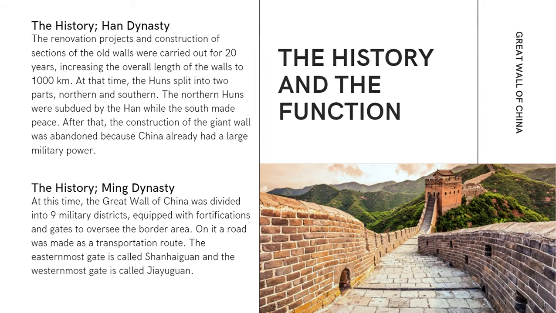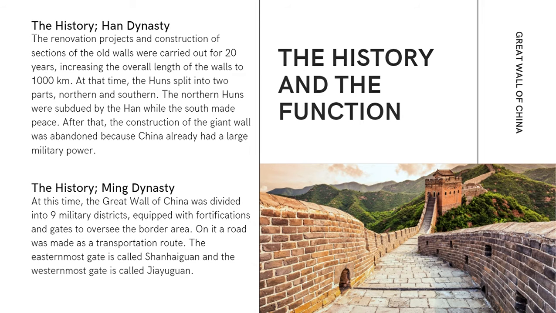The history. Yuan Dynasty. The renovation projects and construction of sections of the old walls were carried out for 20 years, increasing the overall length of the walls to 1,000 kilometers.